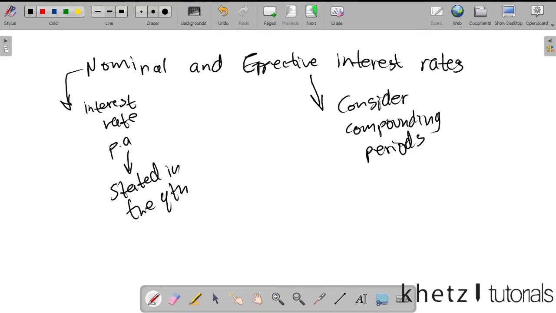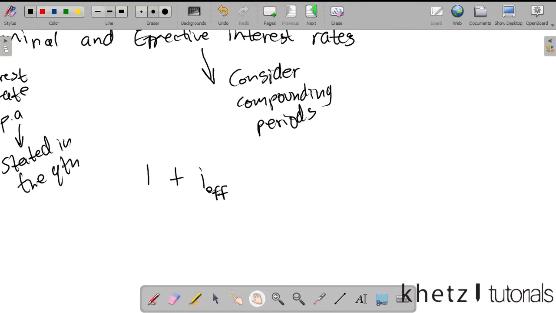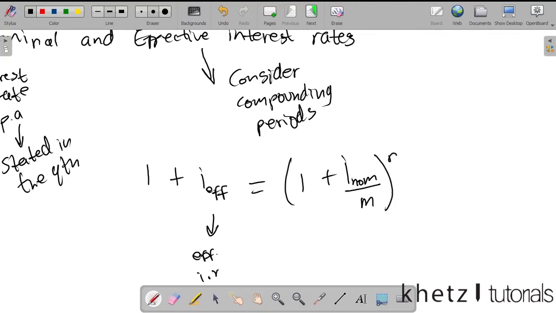And you have a formula to actually switch between the two, where i sub eff is your effective interest rate, and that is equal to (1 plus i sub nom divided by m) to the power m.